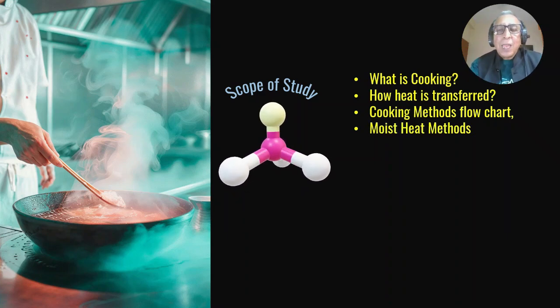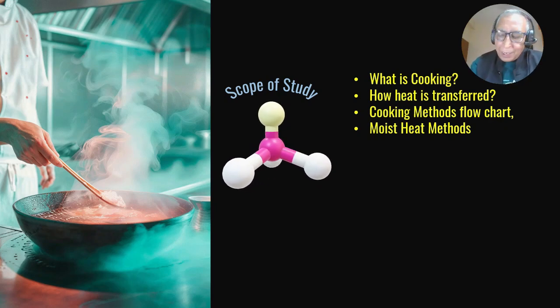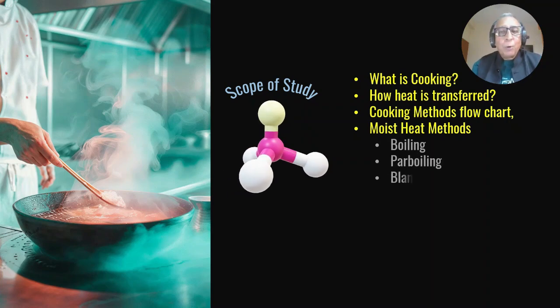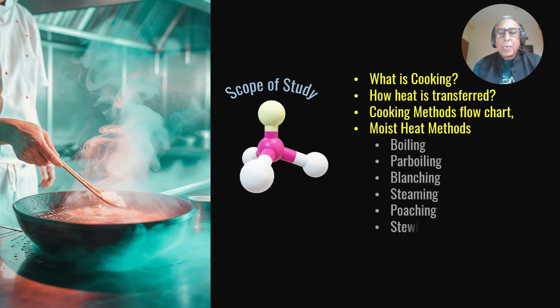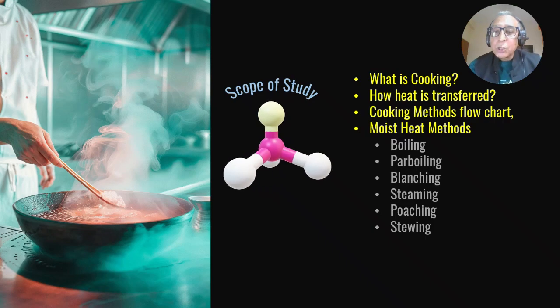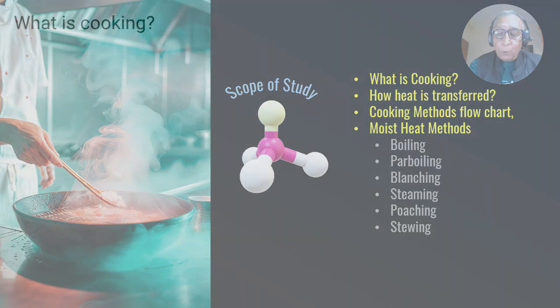We'll discuss only the moist heat methods, and under them boiling, parboiling, blanching, steaming, poaching, stewing, etc. Okay, so we'll start with our next slide, that is, what is boiling.